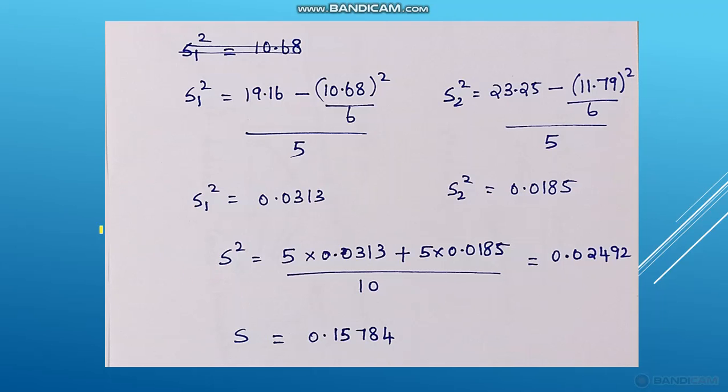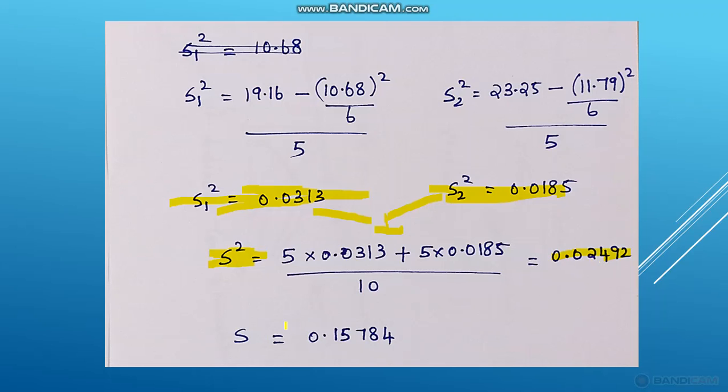The first sample variance is 0.013, and the second sample variance is 0.0185. After pooling these two variances, S squared, the pooled sample variance, is 0.02492.